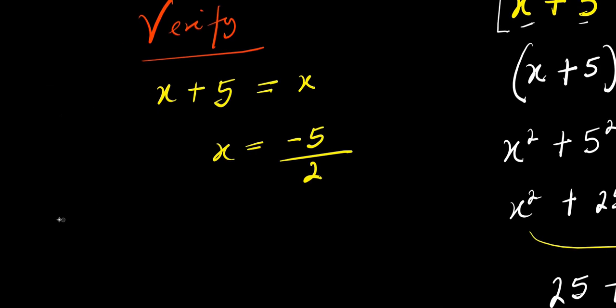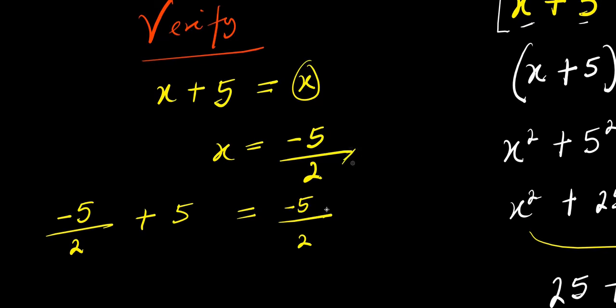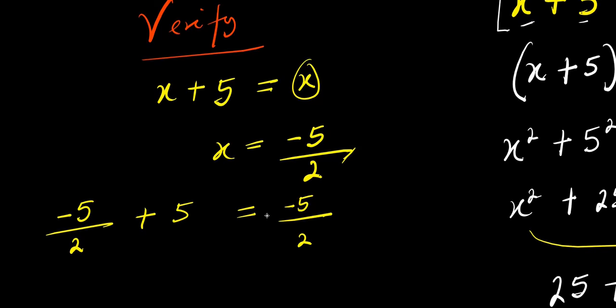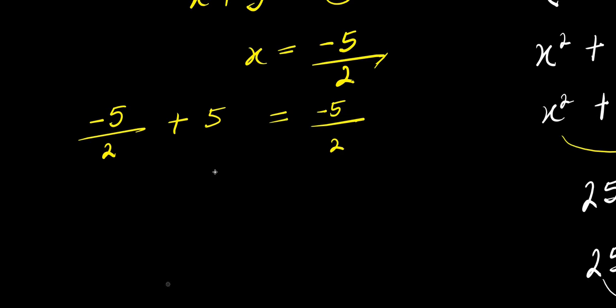That means I have negative 5 divided by 2 plus 5 equals, is it the same thing as negative 5 over 2? Because that's our x and this is the value. Meanwhile, this is our 1.